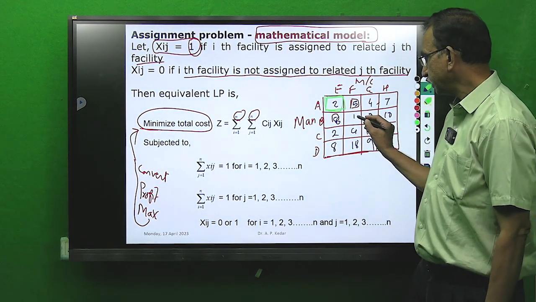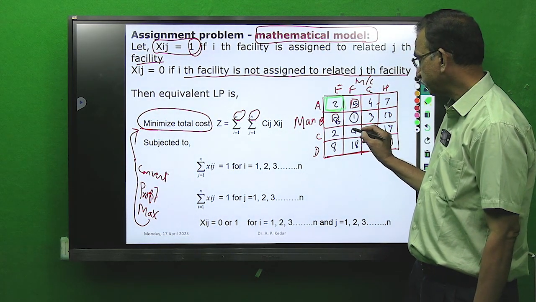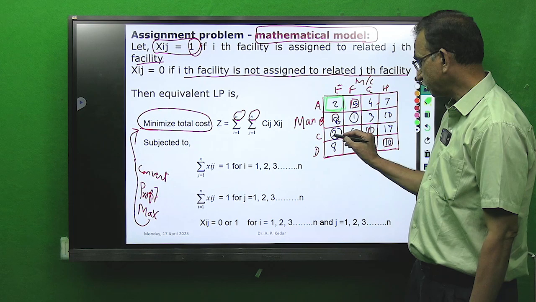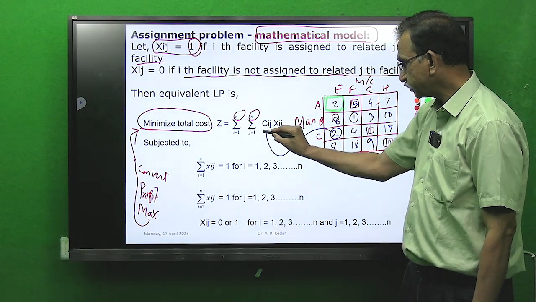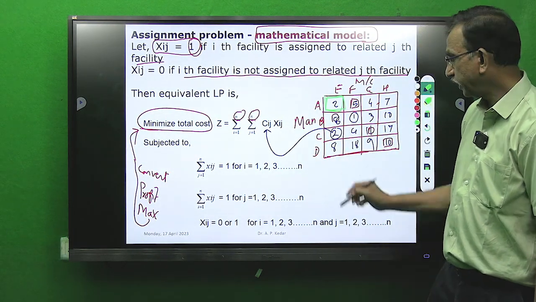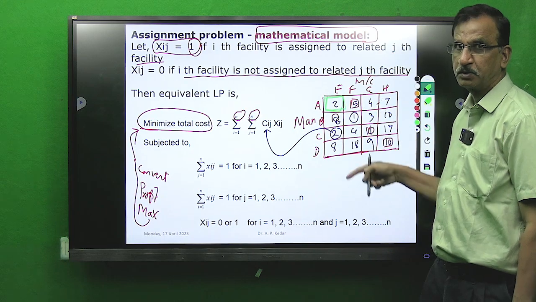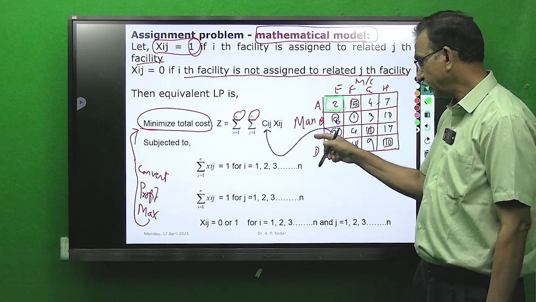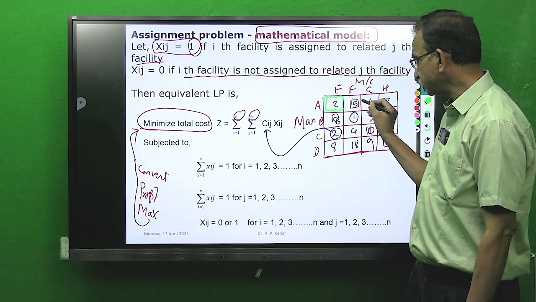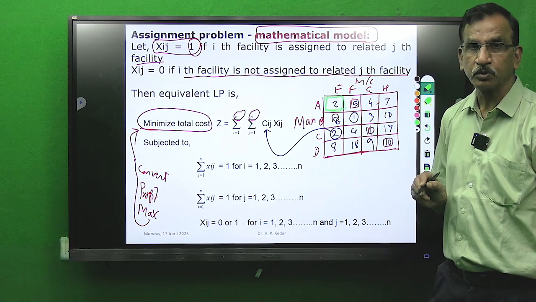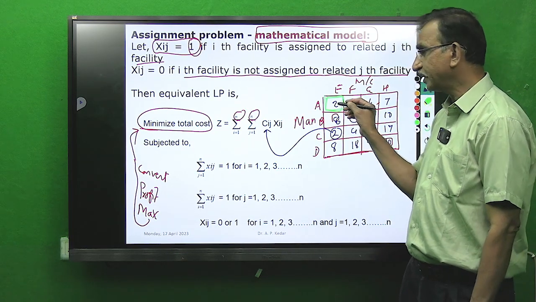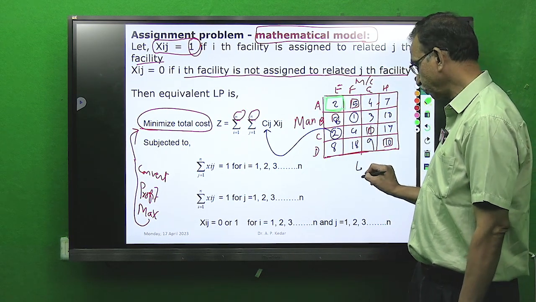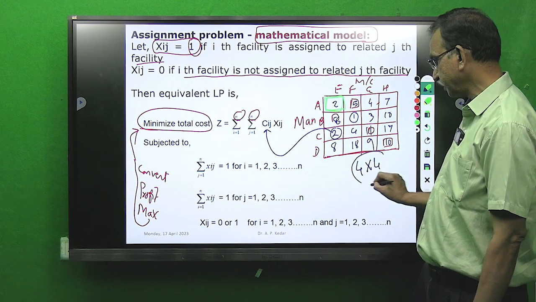The meaning is that this is nothing but Cij, i row, j column. So all these values which I have written with the blue pen are Cij values for this 4 by 4 matrix.